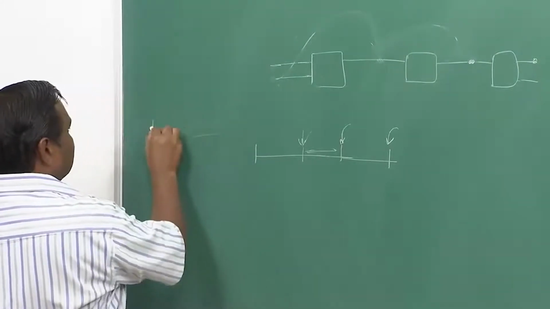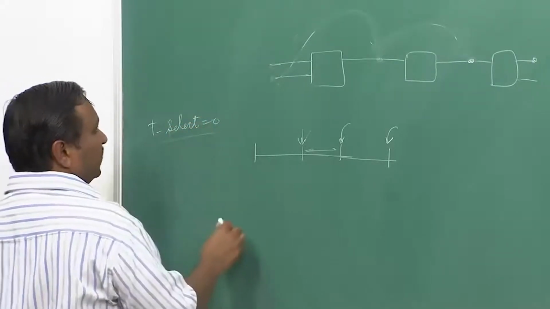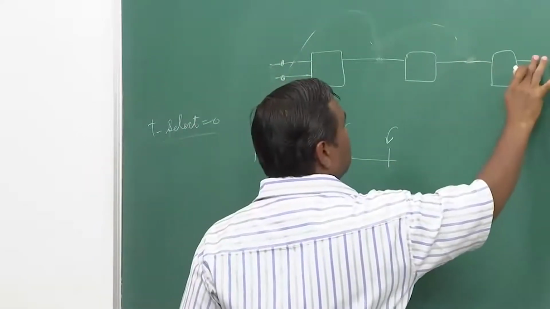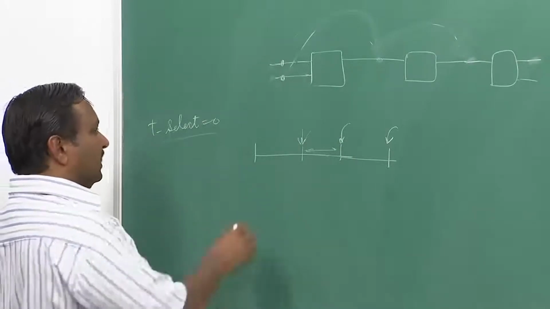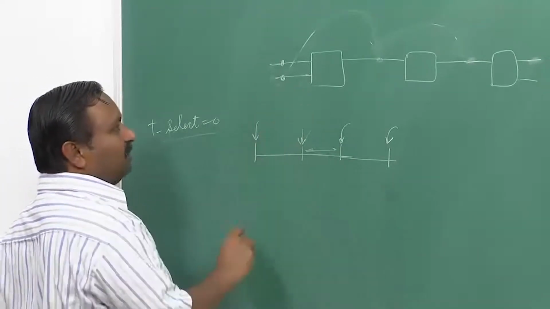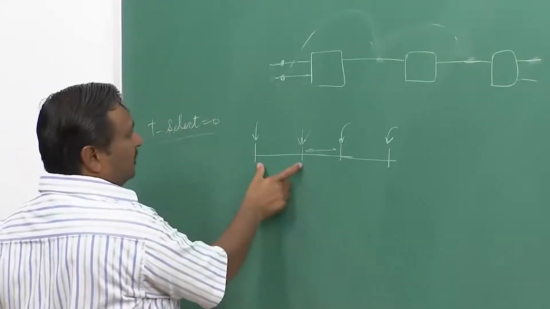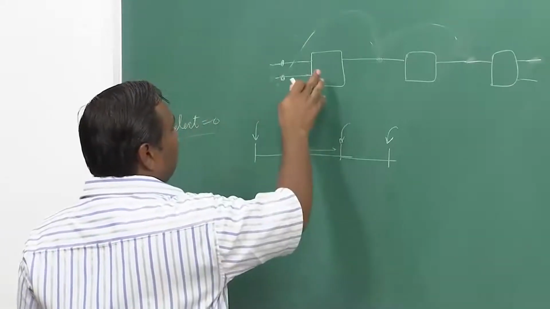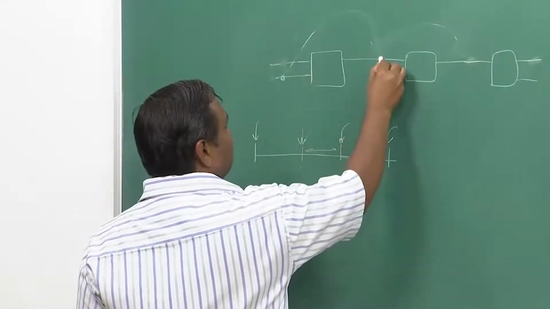Instead, if T select is equal to 0, in that case, when initially the two packets are there, it will not take much time to select which one of them has to go, but only one packet can go and it will take one full slot period. So, instantaneously the decision is made which one will go out. By the time you reach here, this packet would have been completely transferred to this position.